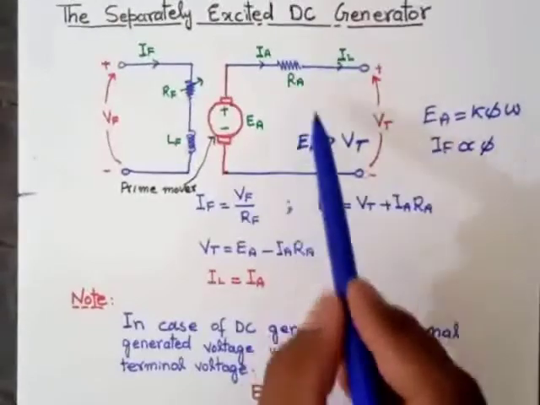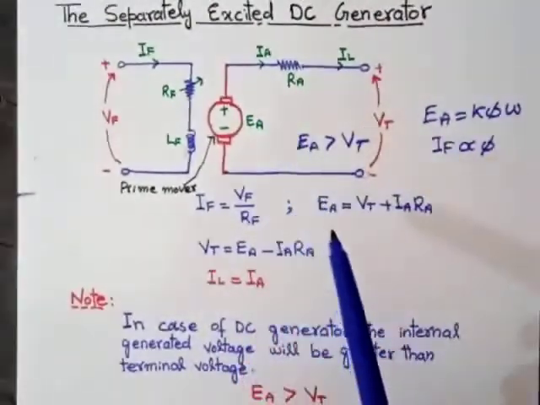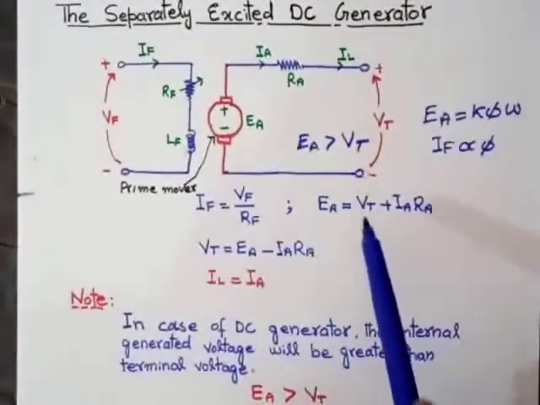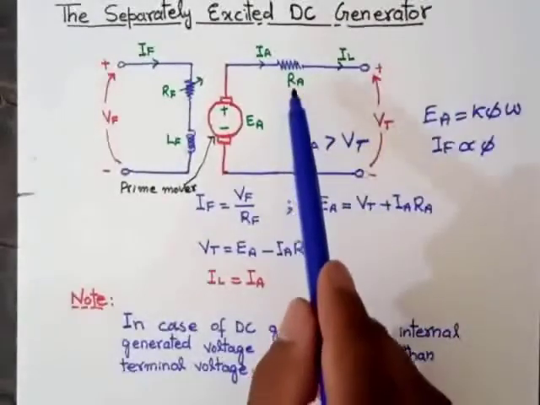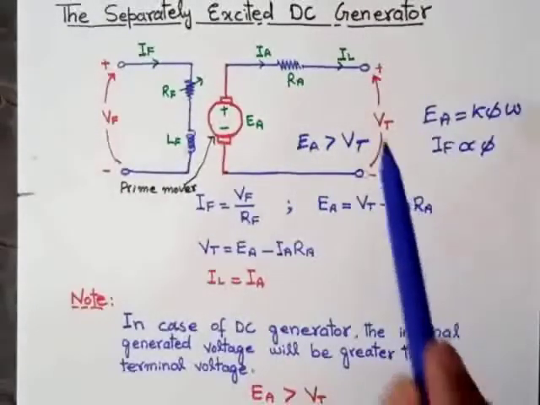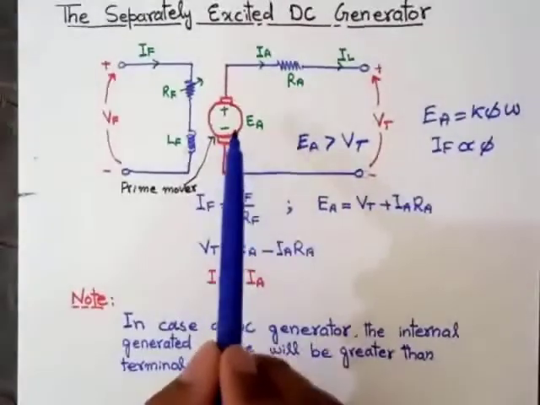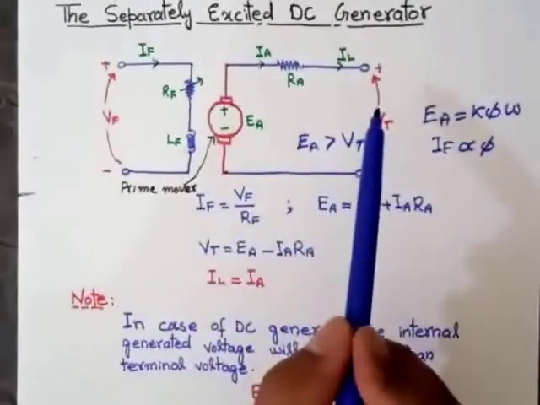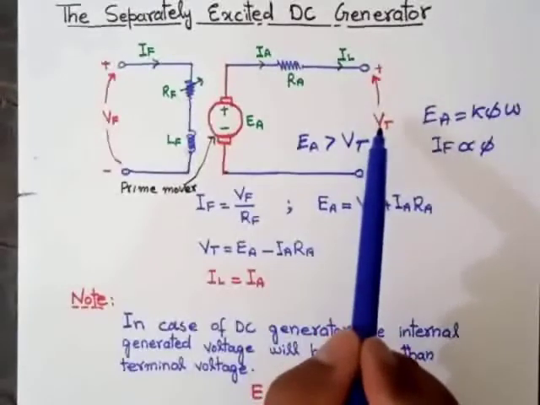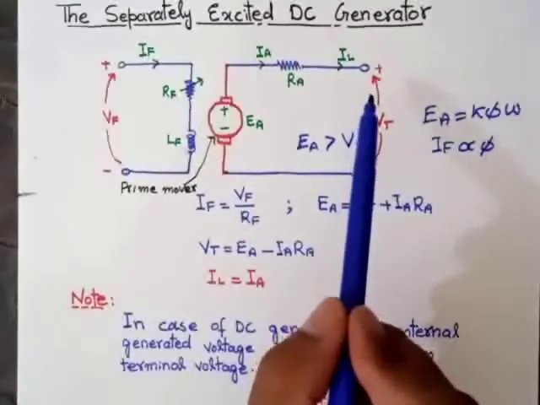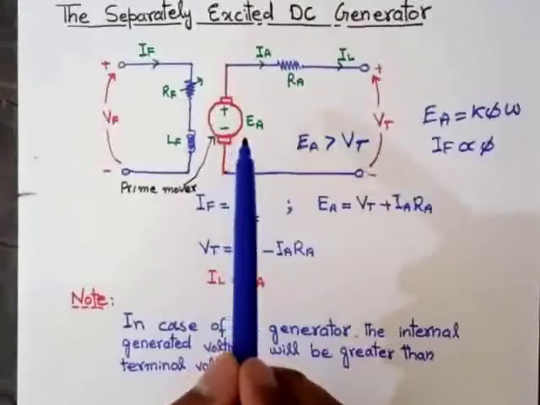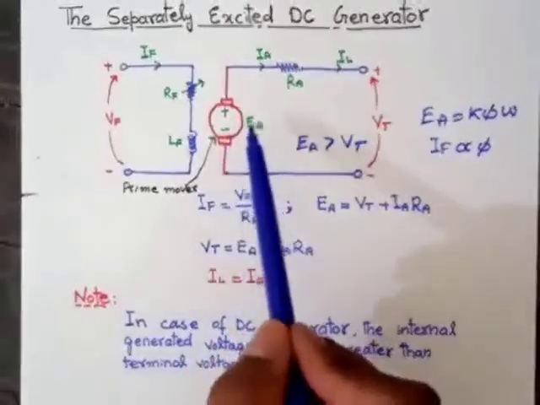By applying KVL in this circuit, we get EA equal to VT plus IA into RA, because the terminal voltage will oppose the internal generated voltage, because the direction of the current due to terminal voltage is opposite to the direction of the current due to internal generated voltage.